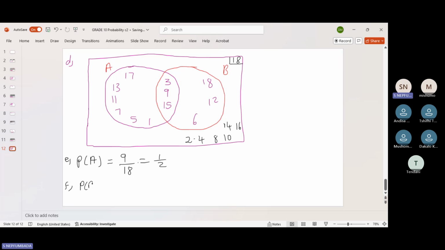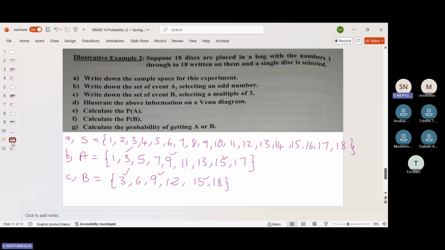Then the probability of B is 6 over 18, which is equal to 1 over 3. Then they say calculate the probability of A or B.